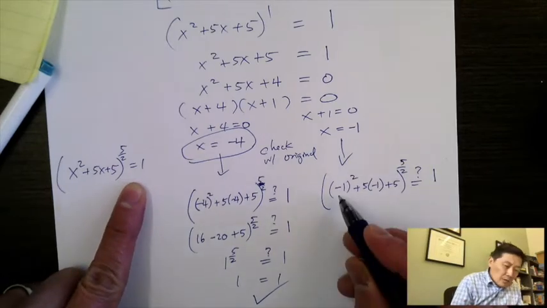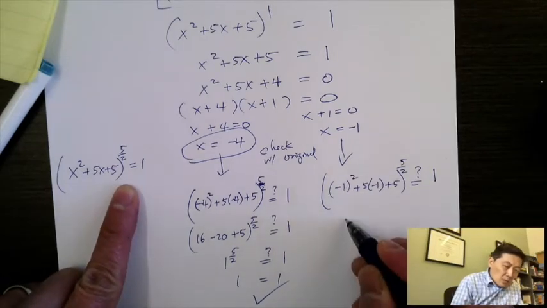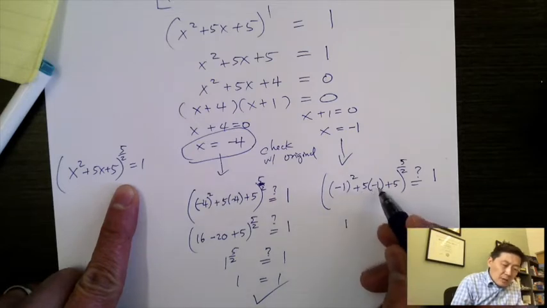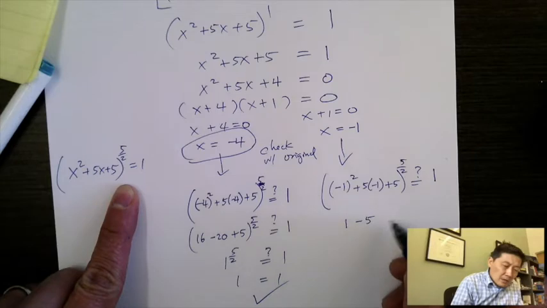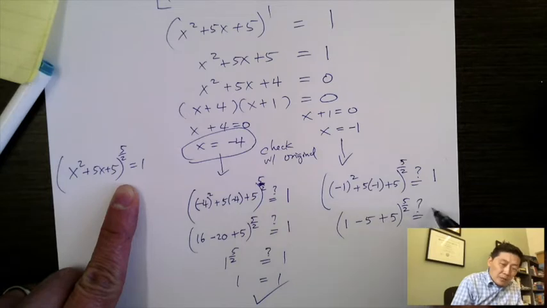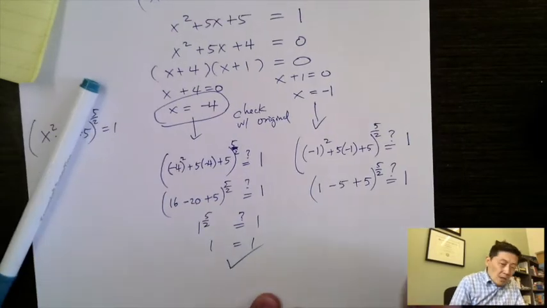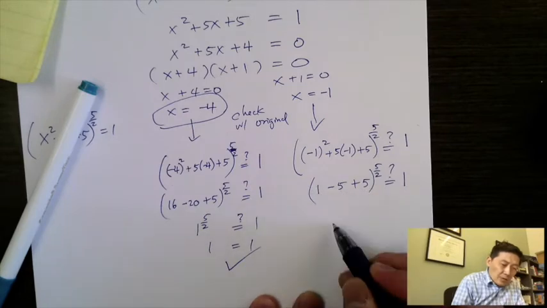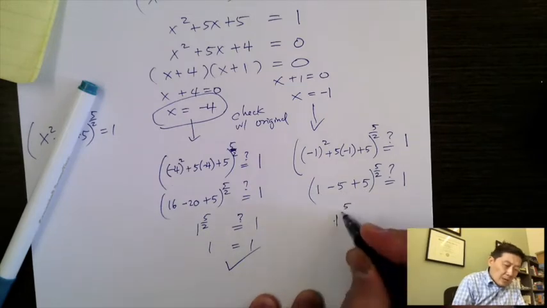So let's see, -1 squared is 1. 5 times -1 is -5, so 1 minus 5 plus 5, the whole thing to the 5 half power, is equal to 1. Well then, 1 minus 5 plus 5 is just equal to 1. 1 to the 5 half power.